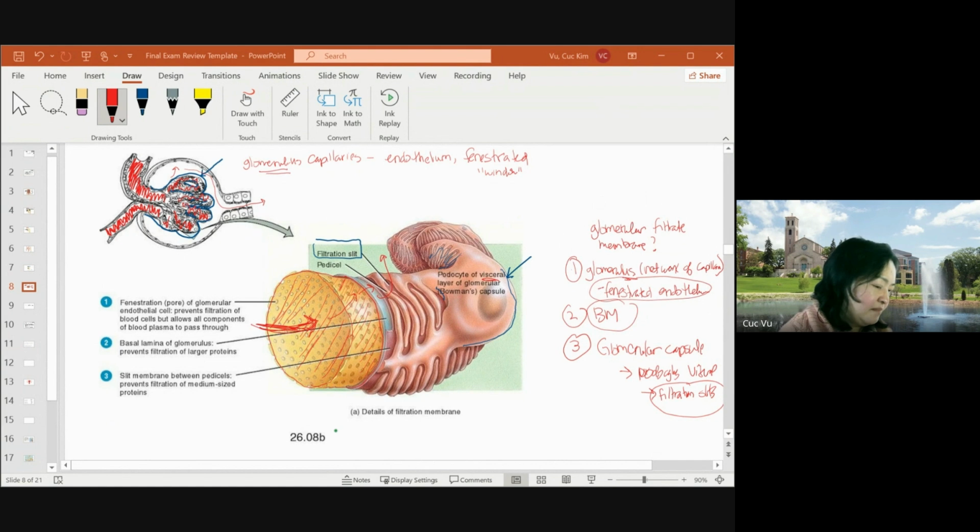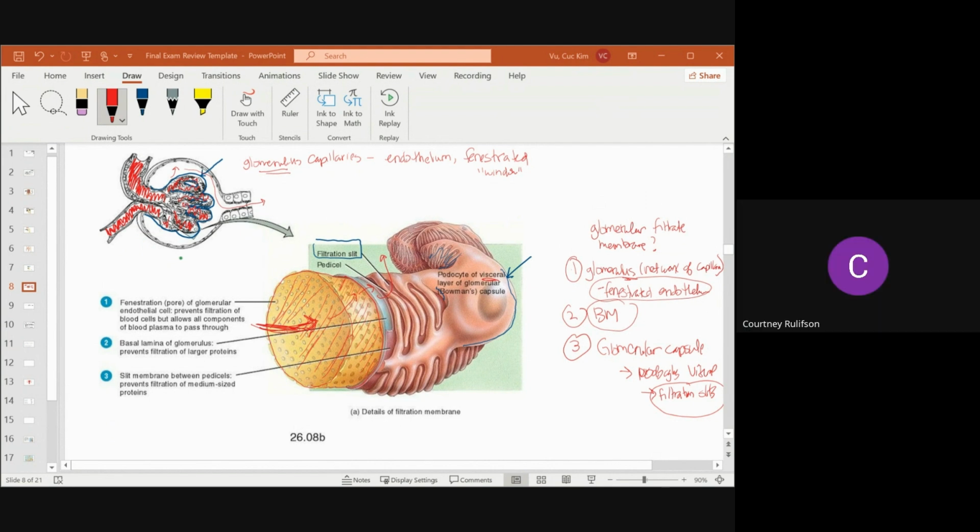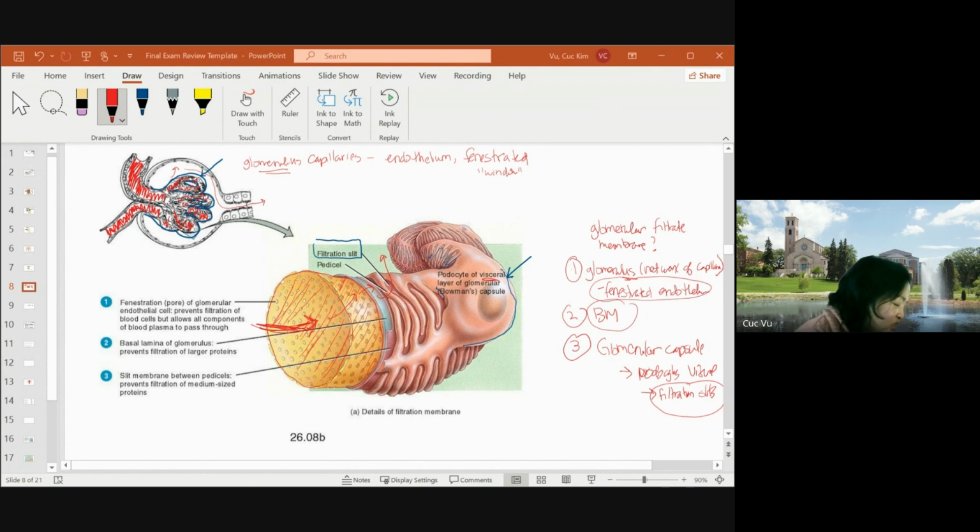So it's got to go from the inside of the glomerulus to the inside of the glomerular capsule, which is why, if you look at these red lines right here, it's got to go through the filtration slit into the glomerular capsule itself, so the space right here, and then from the capsule space, continue into the renal tubules, which would be the PCT, the nephron loop, and the DCT. And we just covered part of filtration.